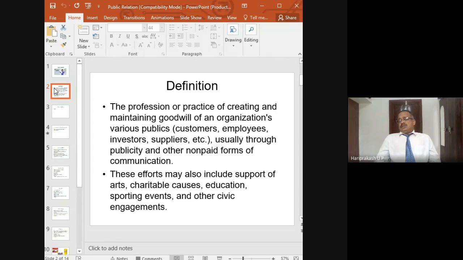Charitable causes. Sometimes we find organizations financially helping non-profit organizations, let's say hospitals or governments, with the construction of a bus stop, building, construction of a road, planting trees. If you go to a zoo, say in Mangalore there is Pilikula, or in Mysore there is the world famous Mysore Zoo.